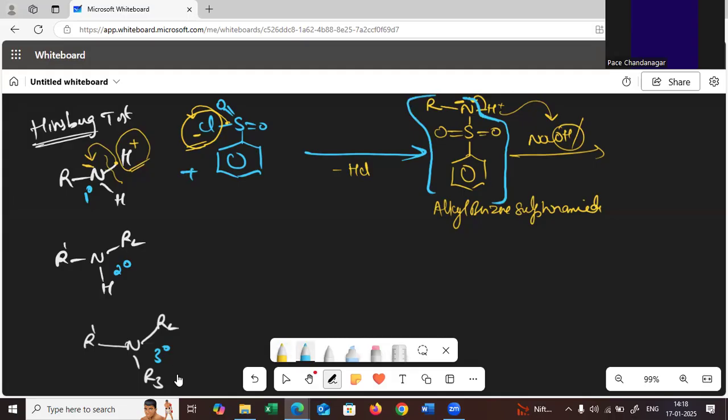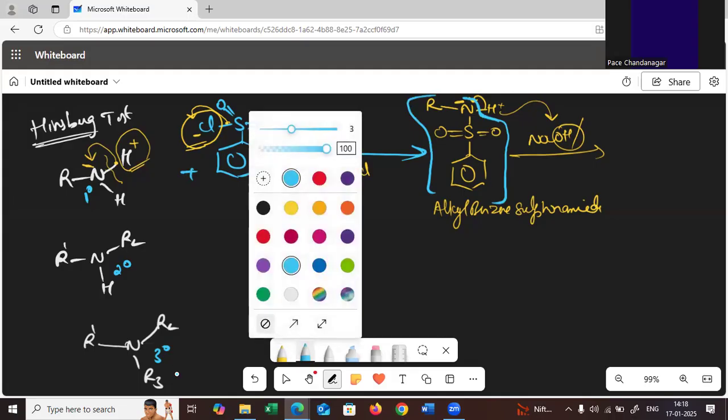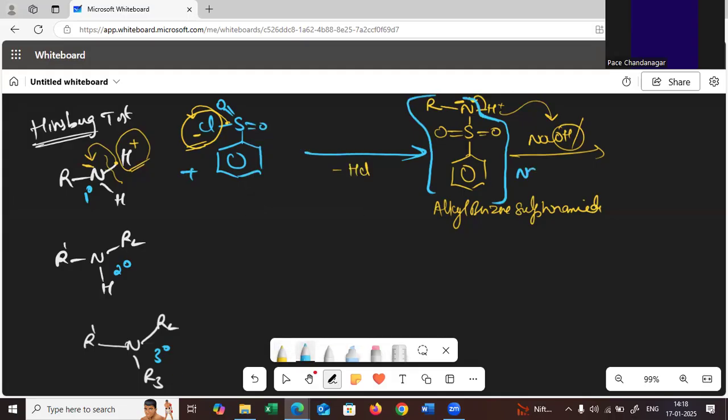All this group is negative, and then sodium plus. This is a salt, the sodium salt of the sulfonamide, that forms.